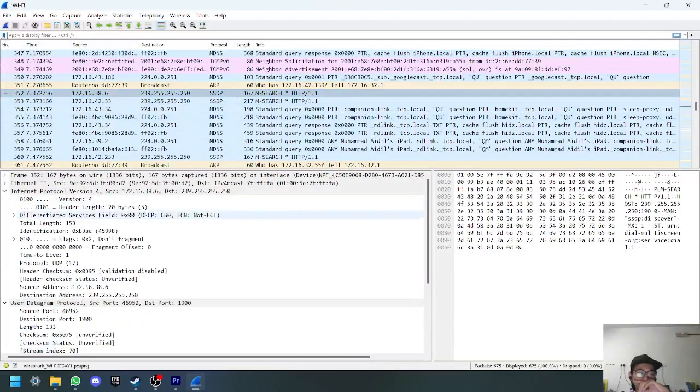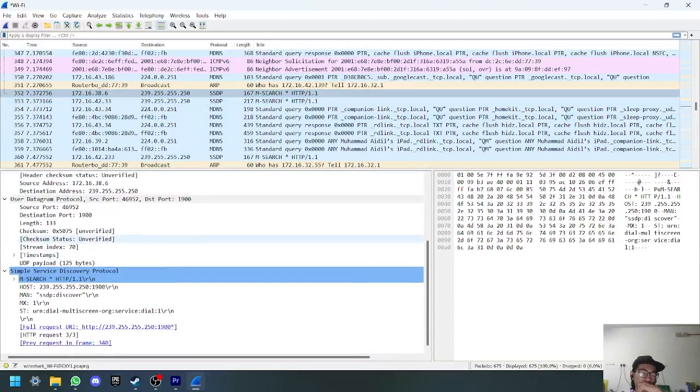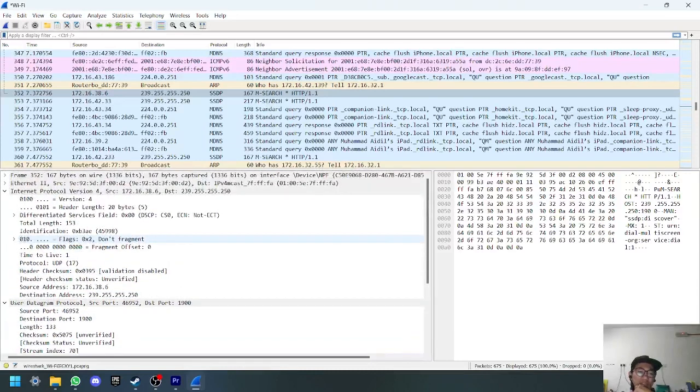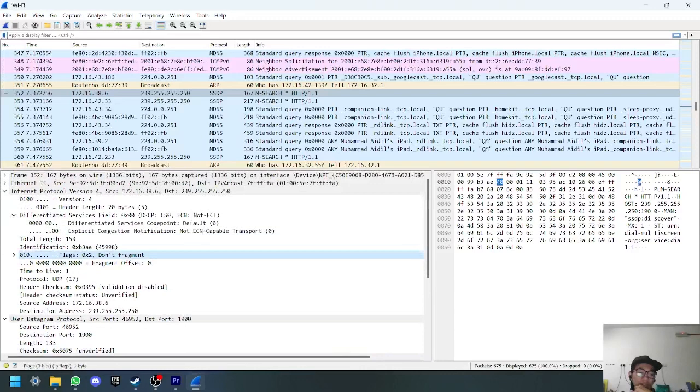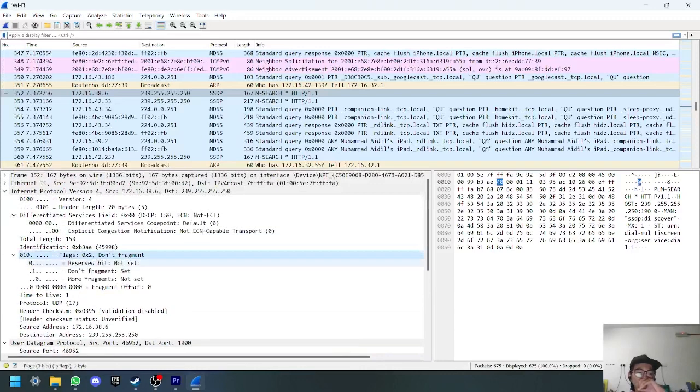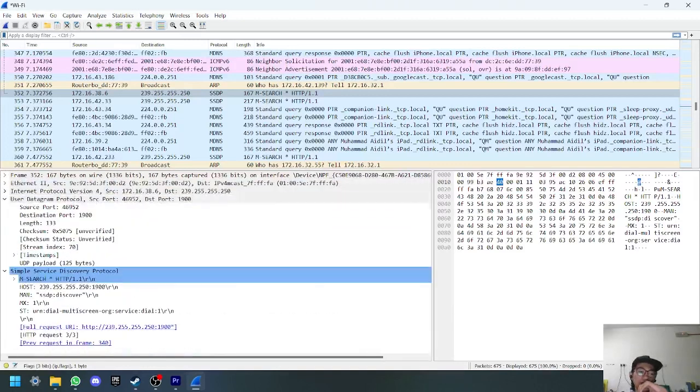All of them are here: the source port, destination port, the time, checksum, and the IP address is also here. And then the protocol, the frame, everything is in here.